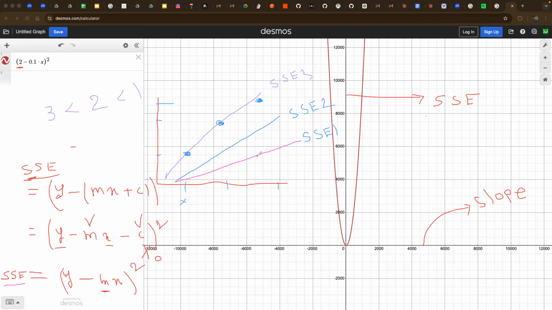Here the slope of the first line is M1, the slope of the second line is M2, and the slope of this line is M3. This is steeper, this is more horizontal, right? So M1 is less than M2 is less than M3.